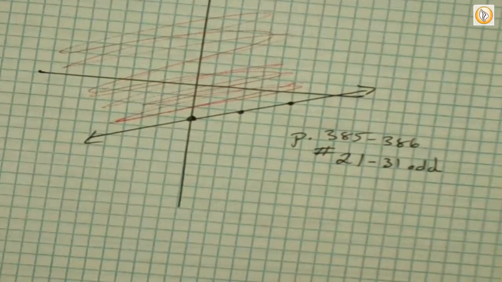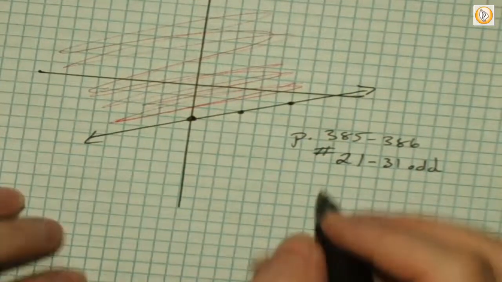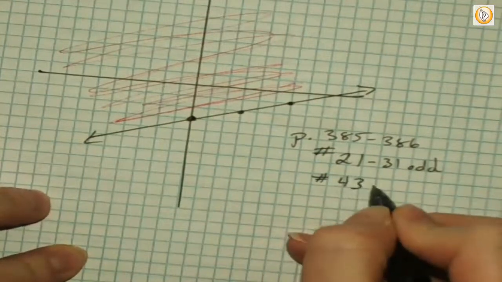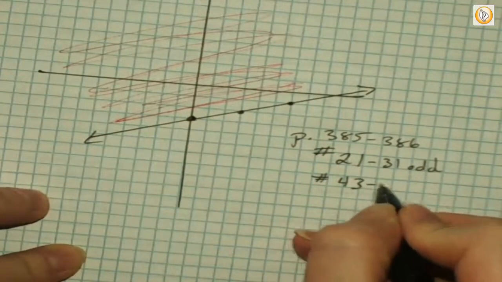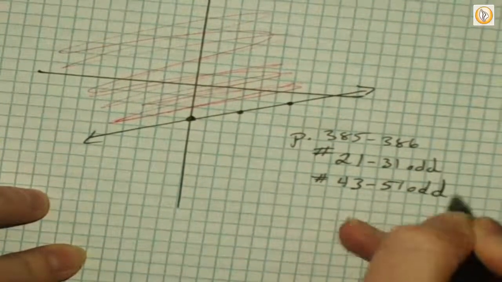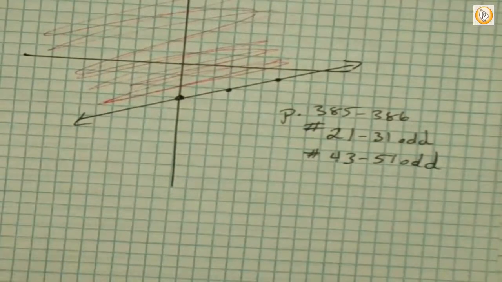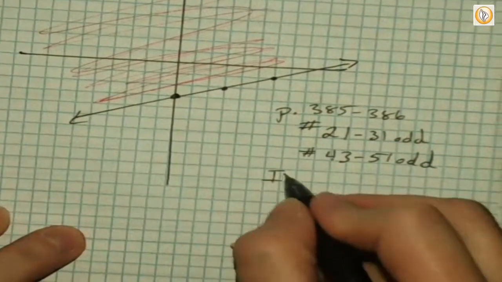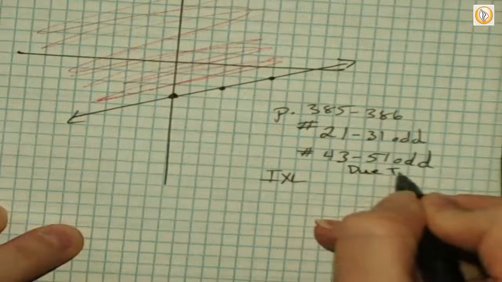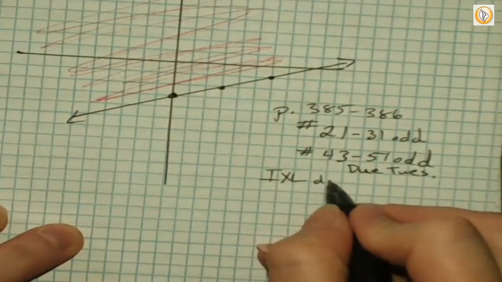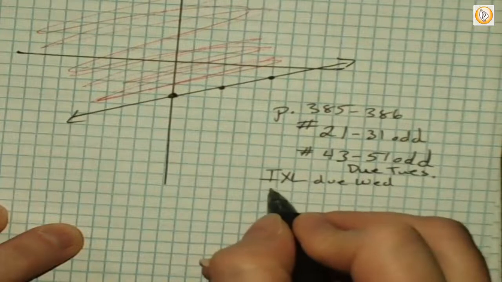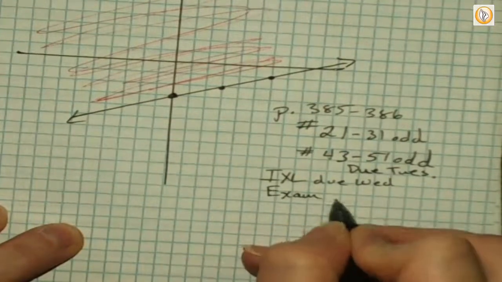And on the next page, numbers 43 to 51 odd. That'll be good for the 6 weeks exam. How many problems is that? I don't know, you can count it. It is due Tuesday. Your IXL is due Wednesday. Your 6 weeks exam is Friday.